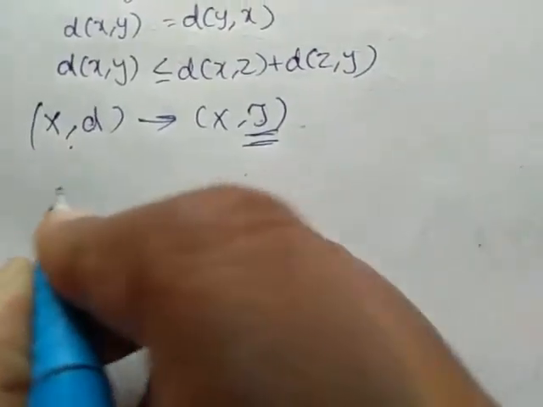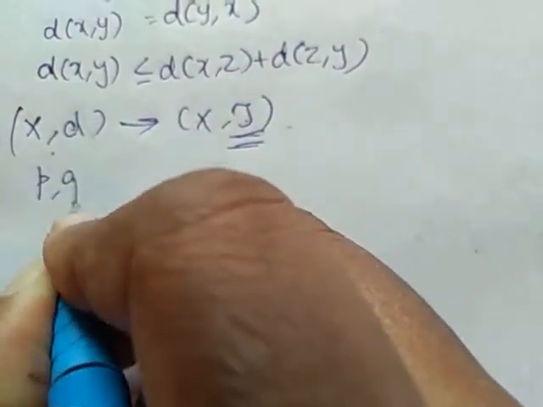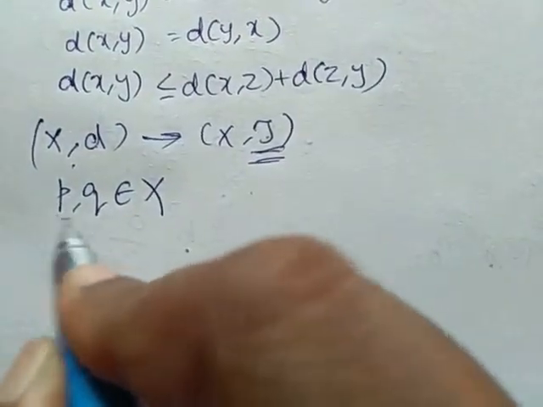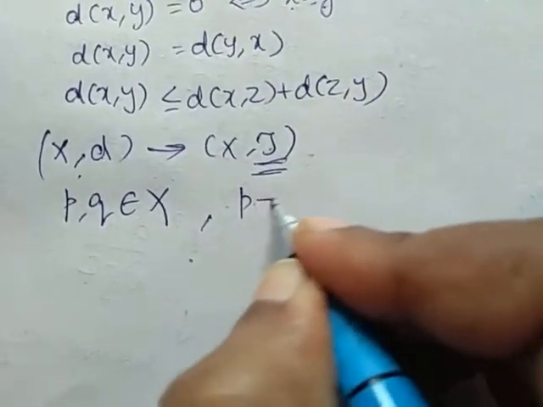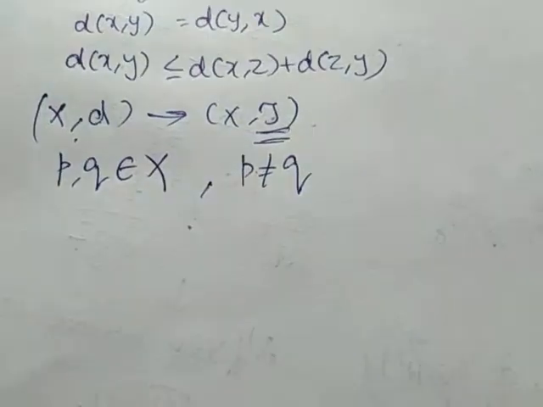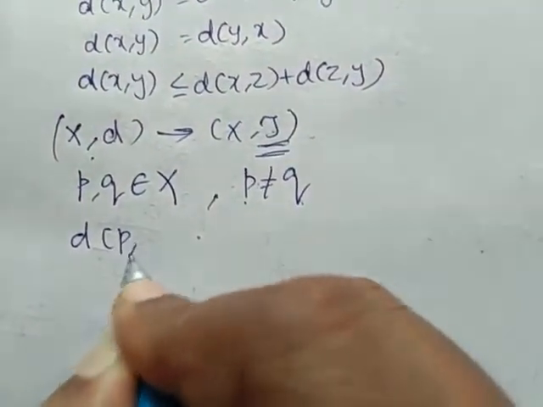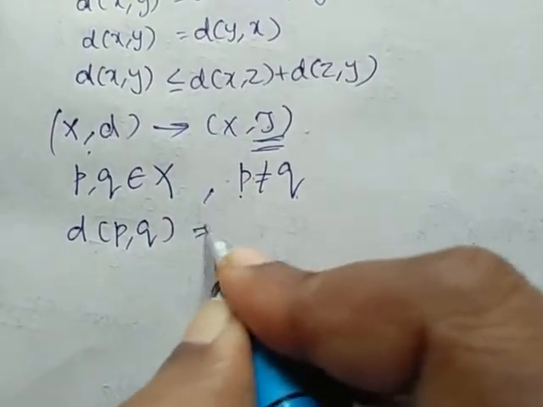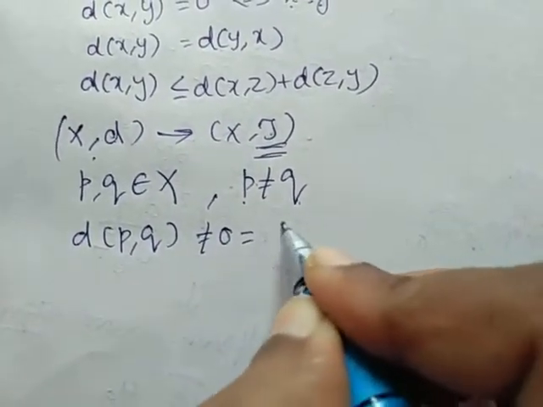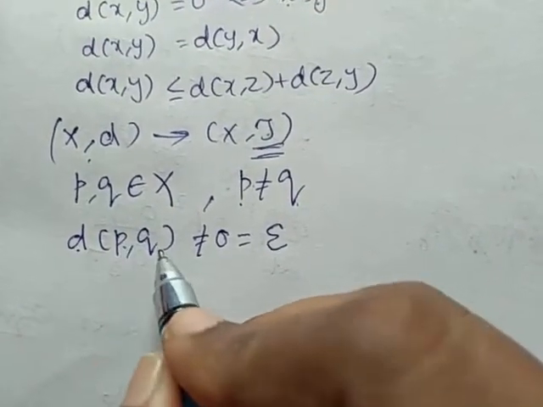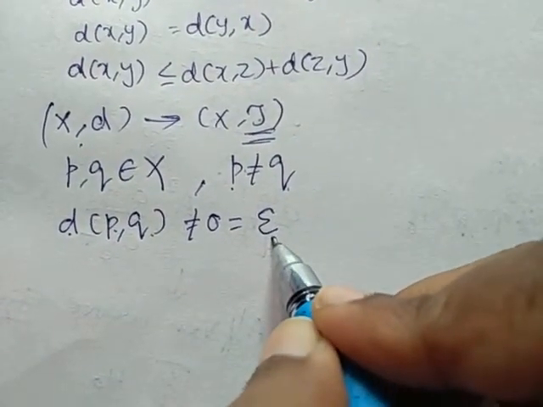So I am considering 2 points P, Q belonging to X and P and Q are distinct. It means P should not be equal to Q. So if P is not equal to Q, d of P comma Q is not equal to 0. I am taking the distance between P and Q as epsilon.